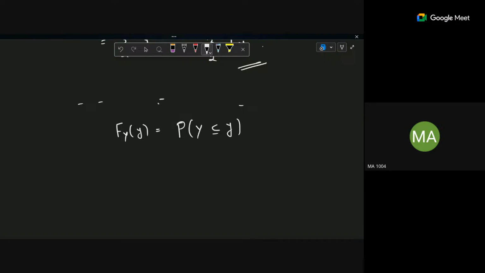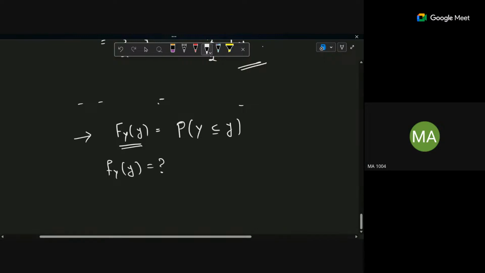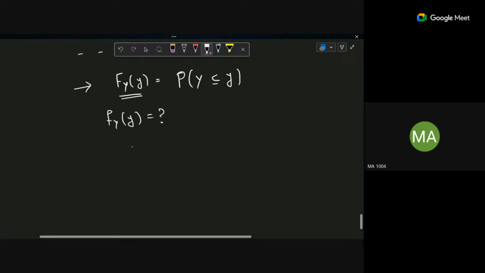So if you have your CDF and you want to calculate your PDF, that is, you want to go from CDF to PDF, you have your Fy of y. This is the addition of all the probabilities, and now you want the reverse. So your PDF is the differentiation of your CDF.